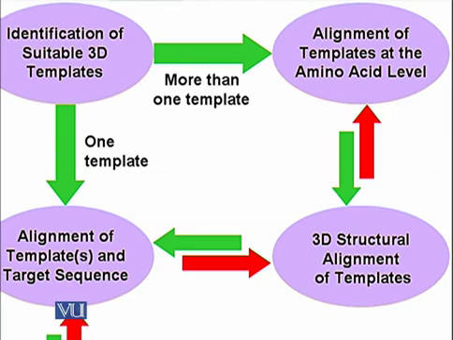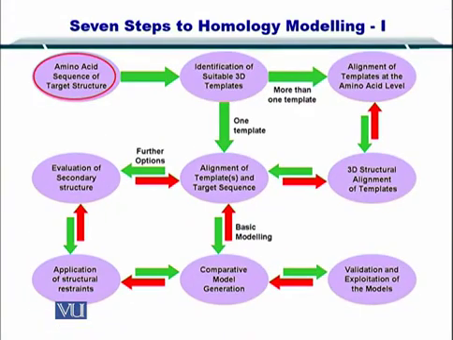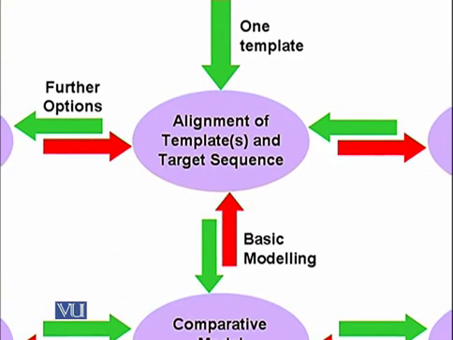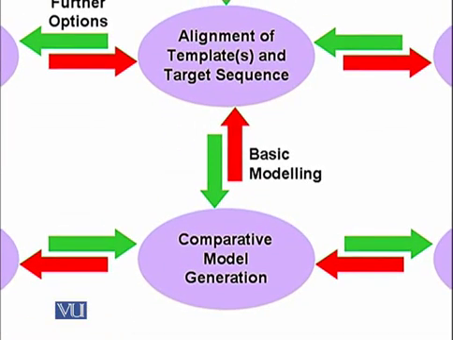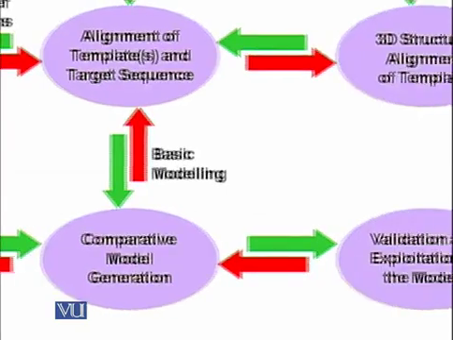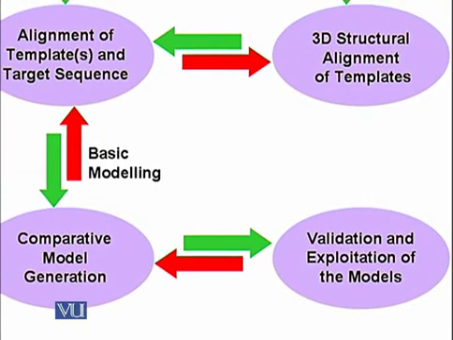So you have to keep repeating this loop multiple times for each structural prediction. It depends on how many templates you had. Once this is finalized, then you perform the alignment of the template and target sequence. So the comparative model generation takes place here, which is followed by validation of the model.